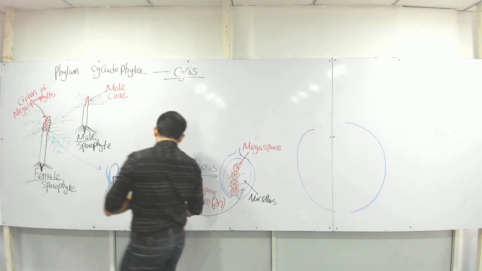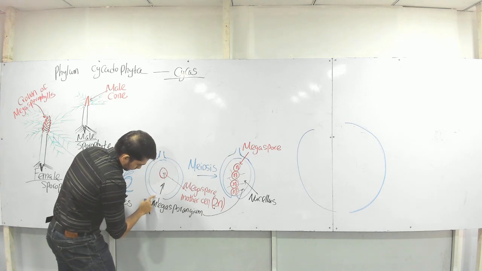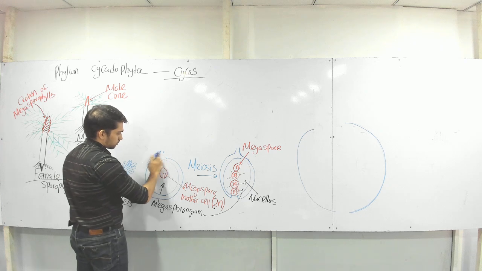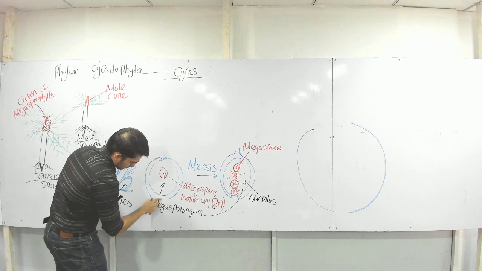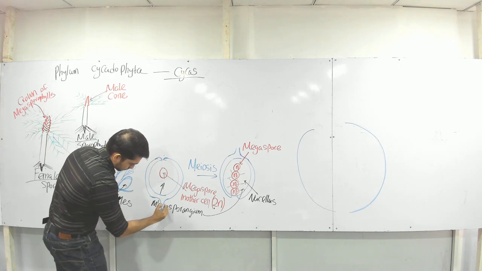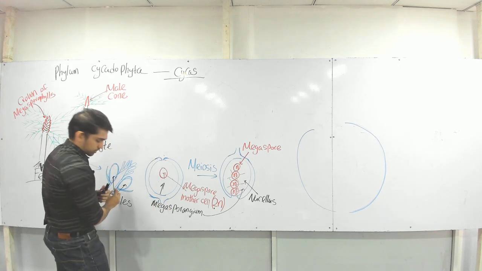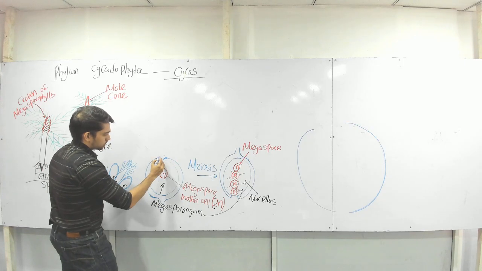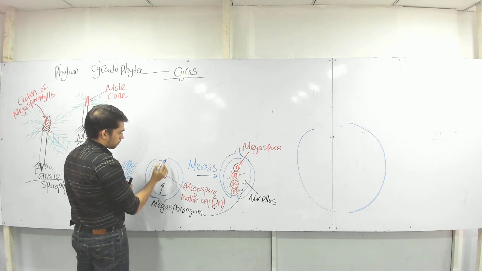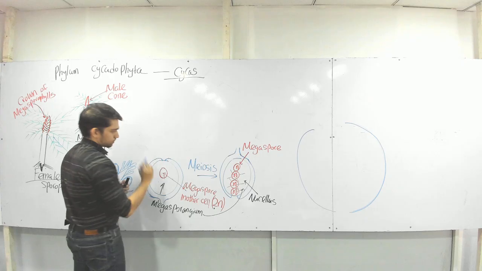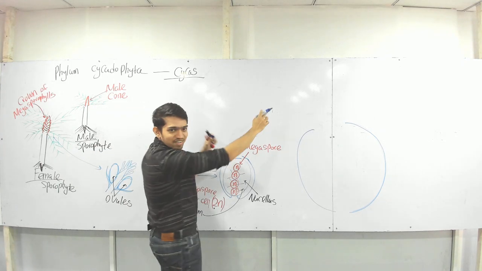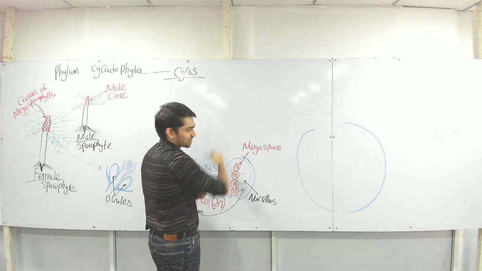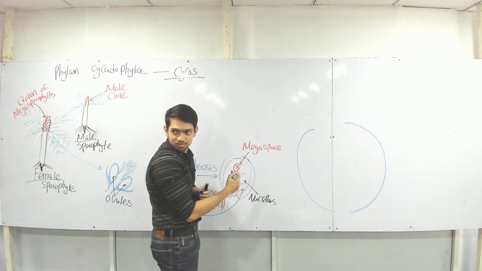Actually, it's better in this story if I take the micropyle to the top. It's easy for me to draw that. So on this side I'll draw the attachment point. This is the micropyle. On top I'll draw the micropyle. Here also on top I'll draw the micropyle, because the sperm comes from above. Do you understand? It's easy for me to draw. Otherwise it has to come from below. Okay.